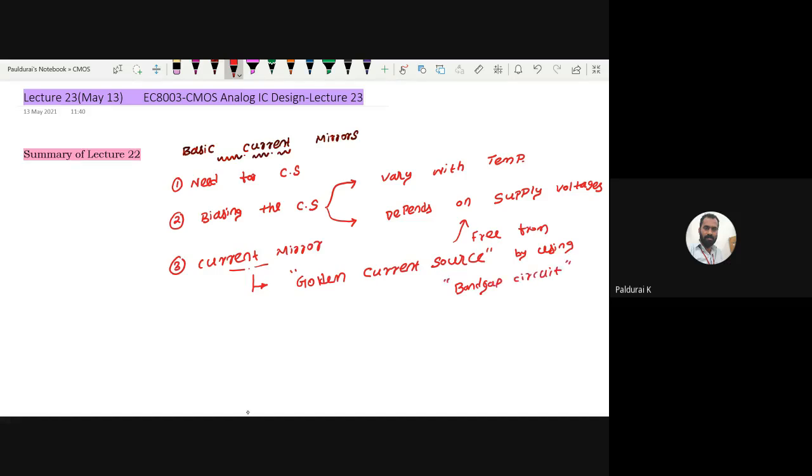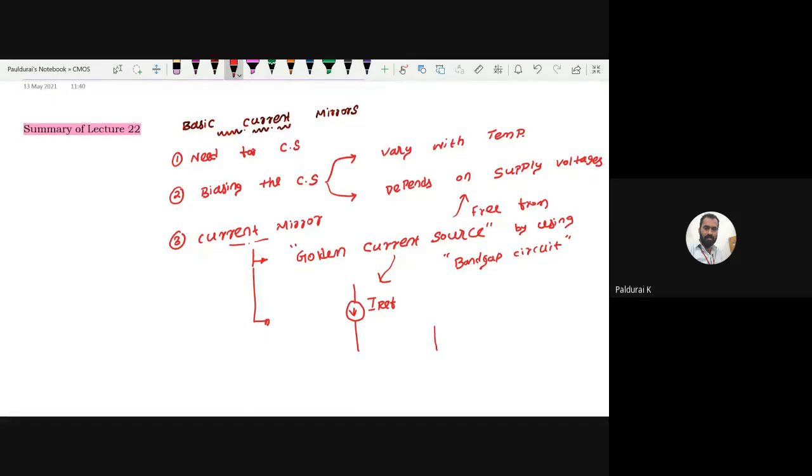But generating a golden current source is not our aim. Our current mirror is this: now I have generated a reference current by using this golden current source. But in a circuit, n number of times I want to use this. Let me take this as my I out one. I want to copy this here.